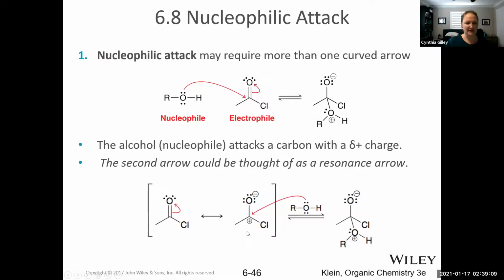You could draw the resonance separately first, showing the positive charge that results on the carbon, and then the nucleophilic attack to form the new carbon-oxygen bond. But because it takes more work to show 2 steps with resonance being drawn out separately, it's very commonly done at the same time.